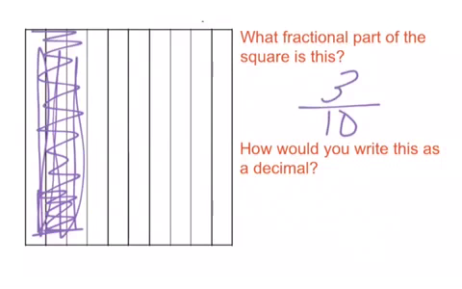Remembering that 10 is my denominator, because there are 10 pieces in all that make up a whole. My 3 is my numerator, my top number, because there are only 3 pieces of the 10 shaded in. That's how that fraction is set up.